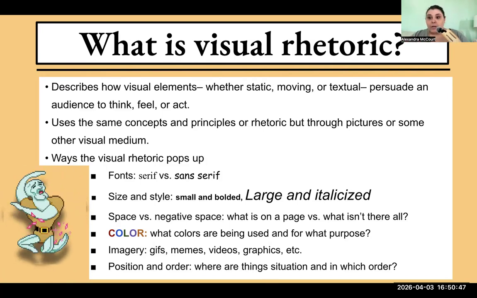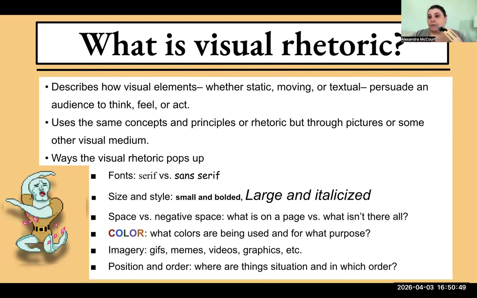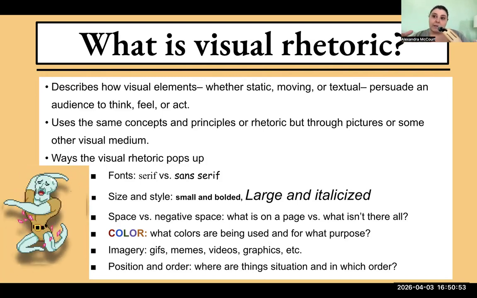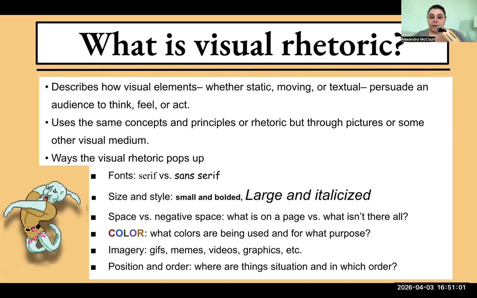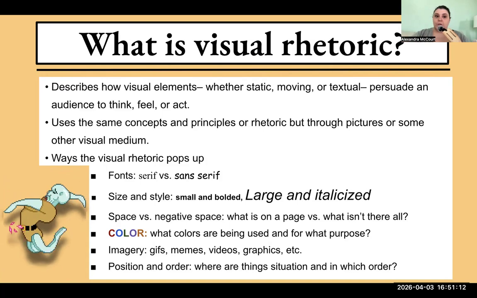But more importantly, are we trying to persuade an audience to think, feel, or act on something? Those are the key things when we are making these rhetorical choices visually. So we can take a lot of the similar concepts from our last lecture about ethos, logos, pathos, kairos, rhetorical situation, and exigence, and think about these, but through pictures or some other sort of visual genre.